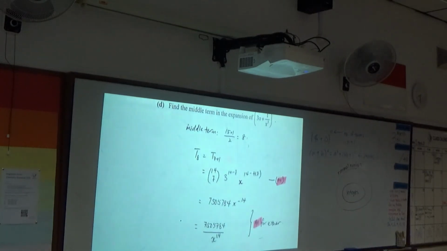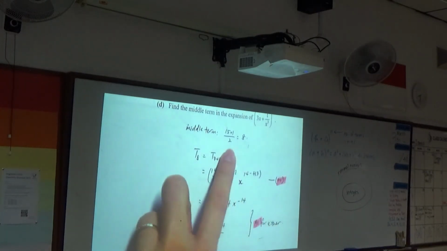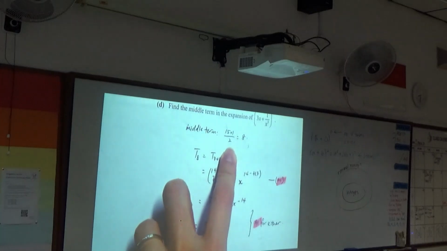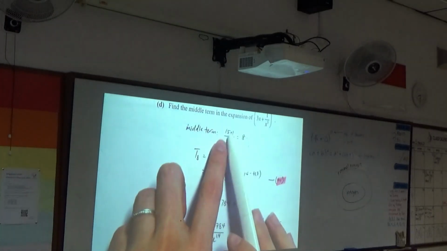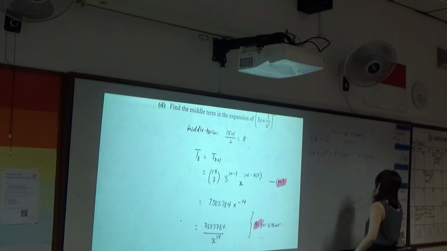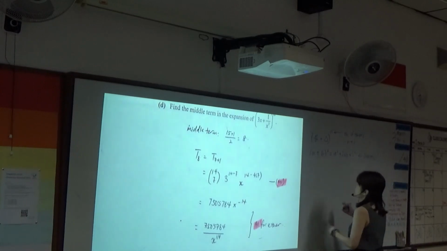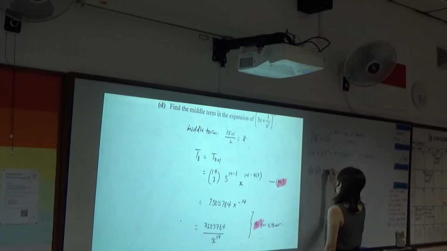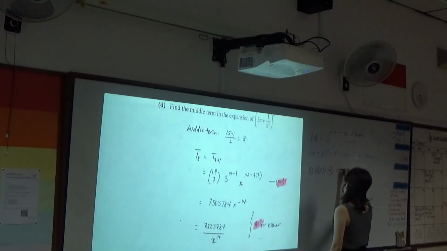Okay, the last chapter in your Sec 2 year. How we find median, which is the center: we take the number of terms plus 1 divided by 2. If you don't know this, never mind. If I really have 15 terms, you can go and draw it out.